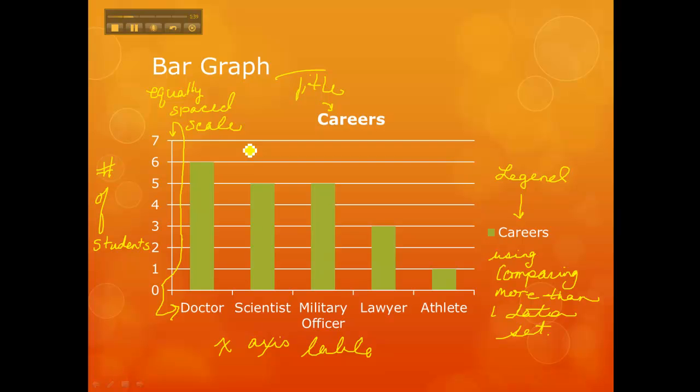Your bars need to be the same width. You also need to make sure that your bars actually are hitting where they belong. Okay? So that's all you need to construct a good bar graph. There will be a video on how to do this in Excel and by hand, so make sure you watch those.